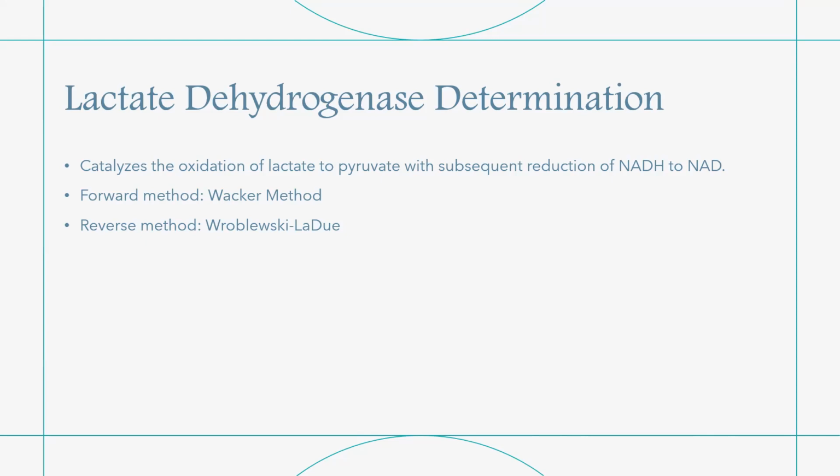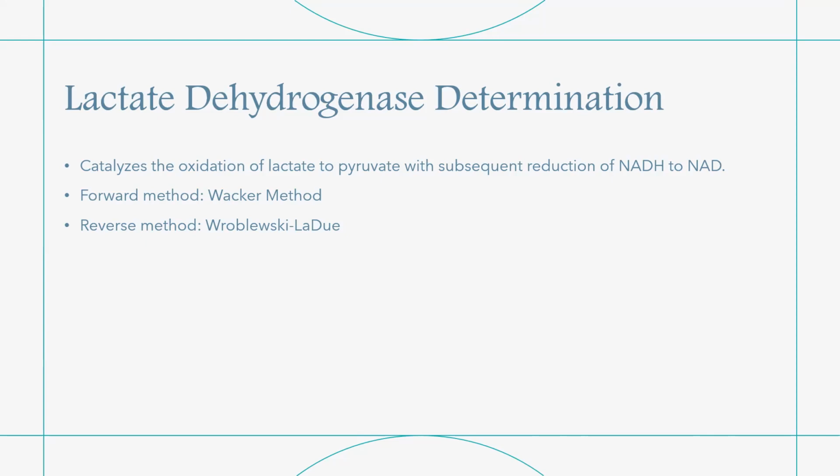Lactate dehydrogenase is commonly found in almost all of the body tissues. That's why we said that lactate dehydrogenase is one of the least specific enzymes, because there are a lot of tissues that can produce lactate dehydrogenase.